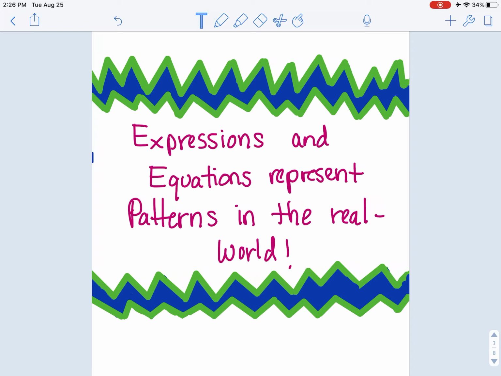In order for us to make sense of these patterns and be able to make predictions, we need some type of representation. And that is where expressions and equations come in. They put concrete meaning, and they make a nice written rule or pattern visual for us to be able to understand what's happening and make predictions in the future.